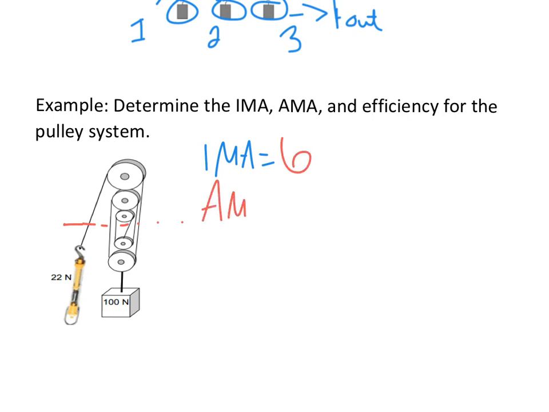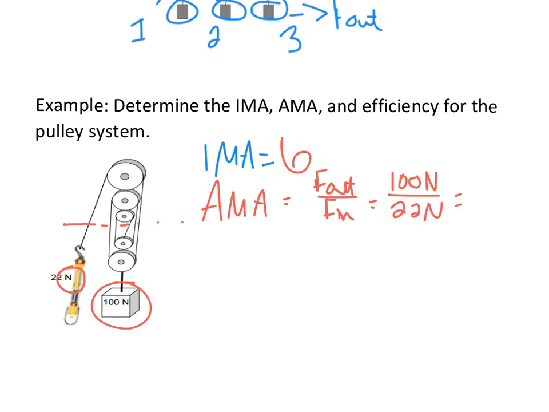Your actual mechanical advantage is equal to the output force over the input force. So that would equal your output force, which is the weight, 100 newtons, over the input force, that's how much is being pulled, 22 newtons. 100 divided by 22 equals 4.54.